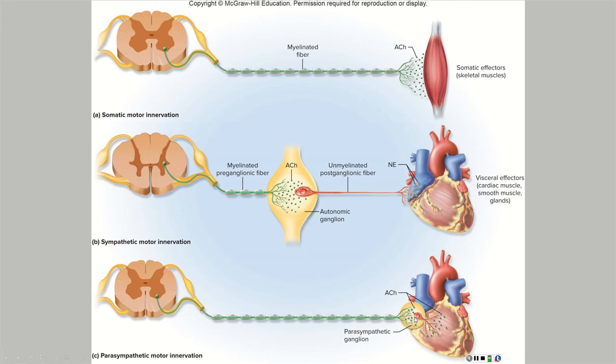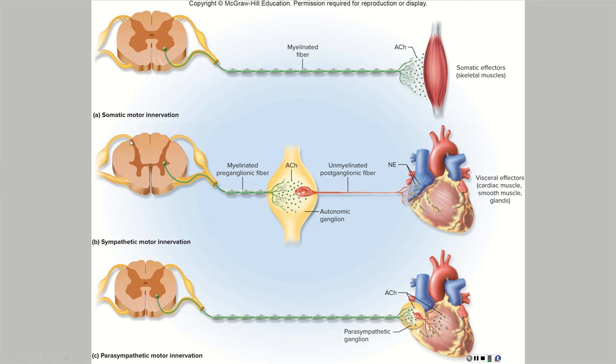The postganglionic neuron releases acetylcholine onto the organ, which then has those effects that we were just talking about. It slows down your heart rate. It helps move food through your digestive system. It slows down your breathing rate. All of the stuff that we think of when we're relaxed is because the postganglionic neuron is releasing acetylcholine onto our organs.